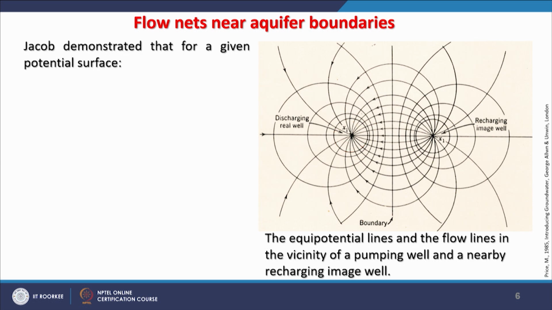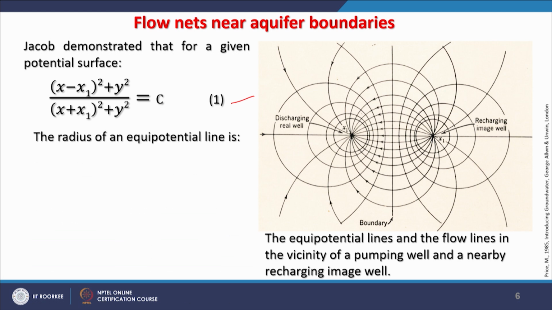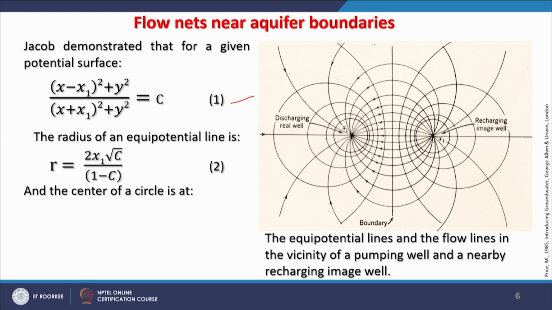So, Jacob demonstrated that for a given potential surface we can take (x minus x1) squared plus y squared, upon (x plus x1) squared plus y squared, and that is equation 1 in this discussion, which is equal to C. Now, the radius of an equipotential line is r equal to 2 x1 square root of C divided by 1 minus C. So, that becomes our second equation.